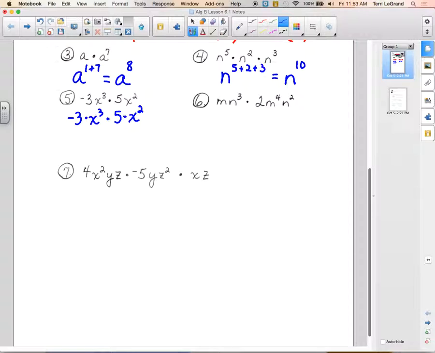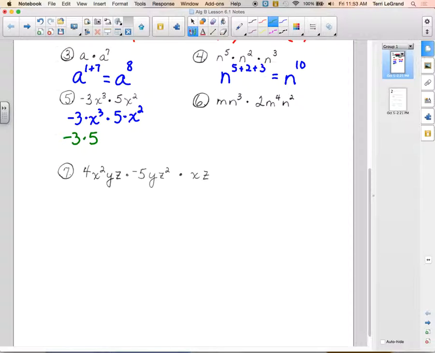Commute. 3 times 5 is the same as 5 times 3. Commutative property says we can what? Switch places. Switch places, multiply in any order you want. So here's what we're going to do. We're going to let the -3 get multiplied by the 5.